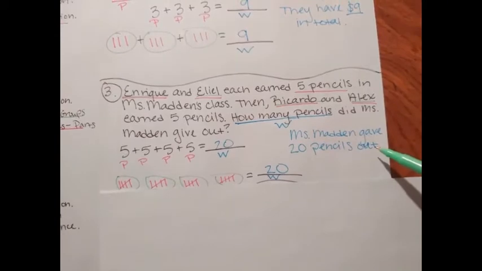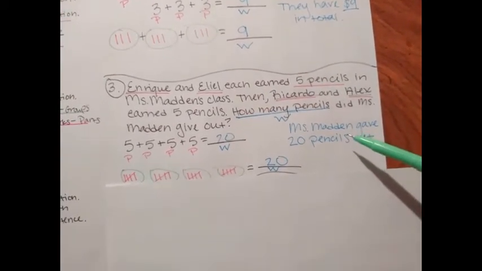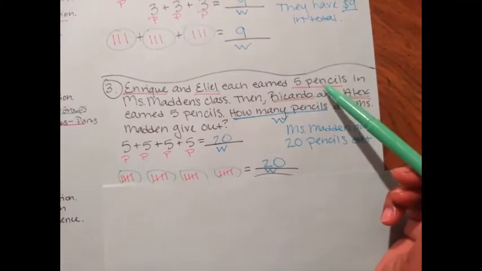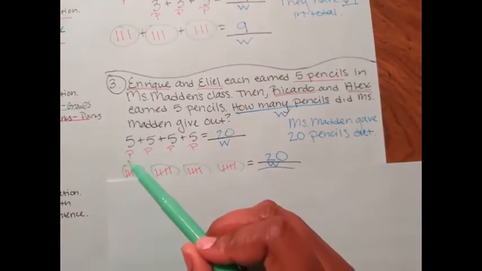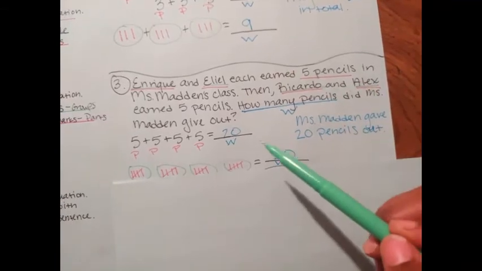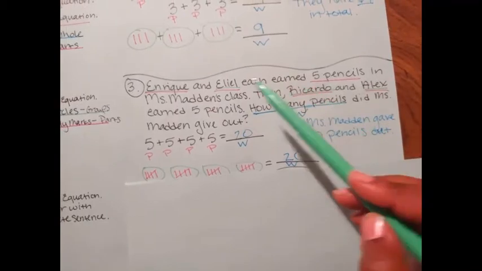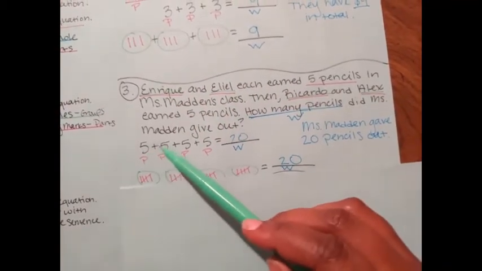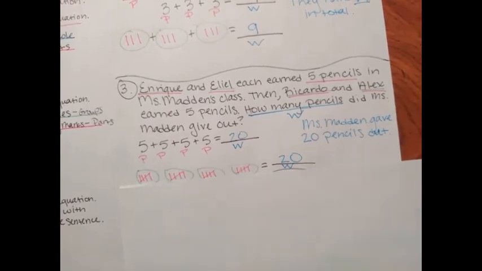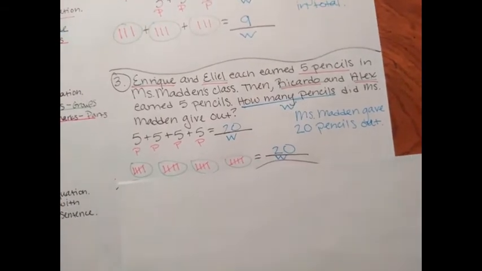We know that Miss Madden gave 20 pencils out because the story problem told us how many pencils were given, so it gave us the parts, and then it told us how many people got 5 pencils, and we know that that's the groups, 1, 2, 3, 4. 4 times, we should see 5 4 times. 1, 2, 3, 4. We should see 5 4 times.